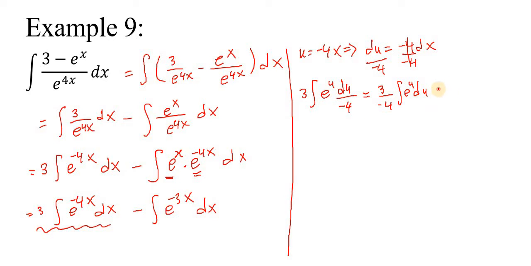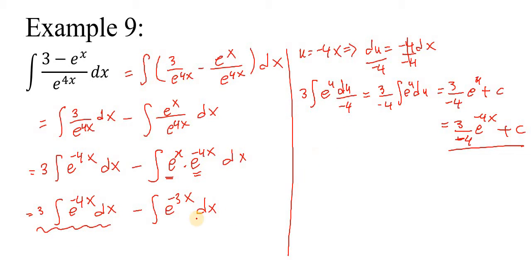So this will become 3 over negative 4 e to the u plus c, and eventually I can replace u with its value, which is negative 4x. So this will finally become 3 over negative 4 e to the negative 4x plus c. So this is the answer for the first part.